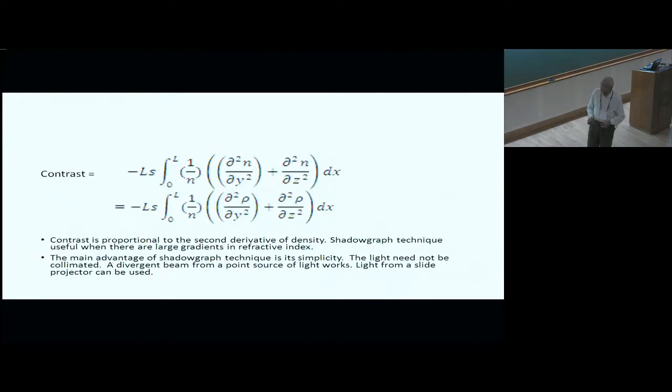And the contrast for Shadowgraph is basically related to the second derivative of the refractive index. So what that means is that you need large changes in density to be able to observe the flow field. But the main advantage, as I said, is that it's very simple, and a simple light source will do the trick.